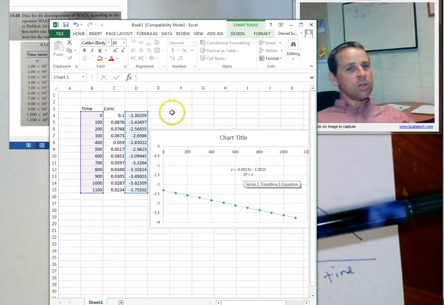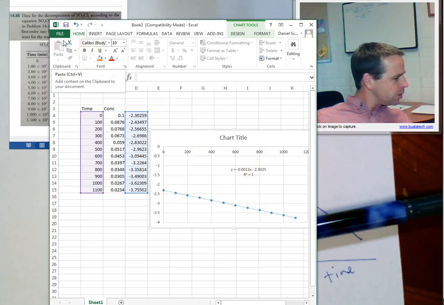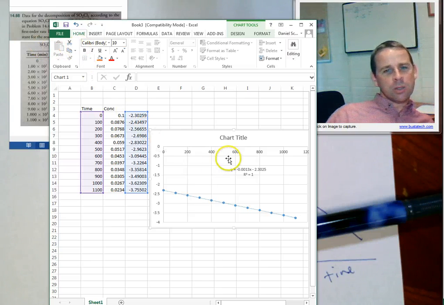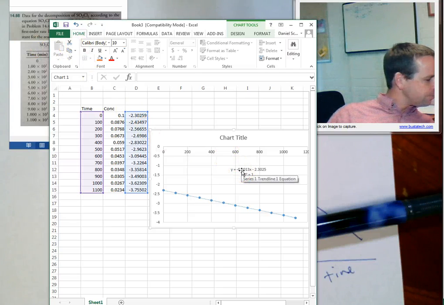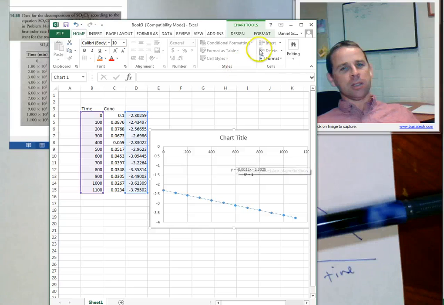All right, so this is number 1466. I don't know if they give us an answer. Yeah, they do give us an answer, and they say 1.32 times 10 to the minus 3, which is our value that we get there. All right, excellent. So that's how you plot graphically and get your rate constant for a reaction.